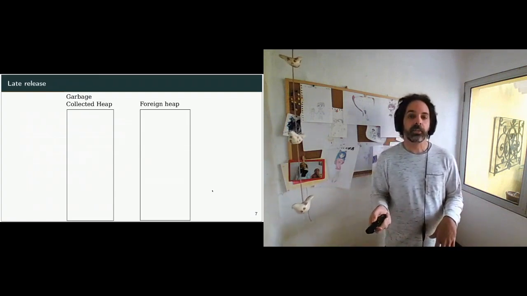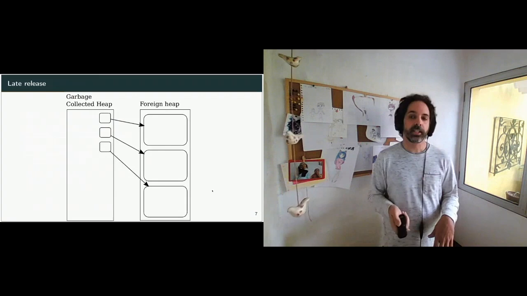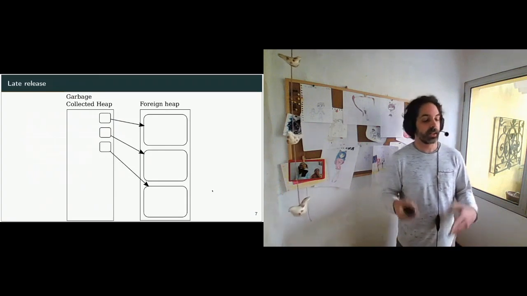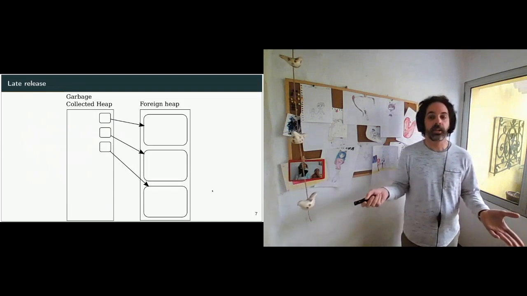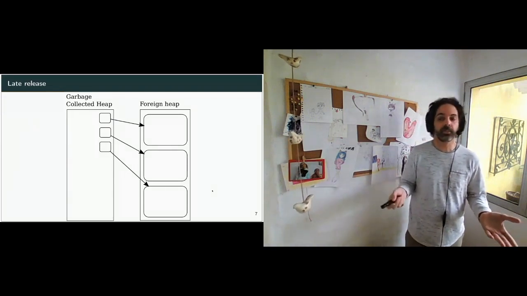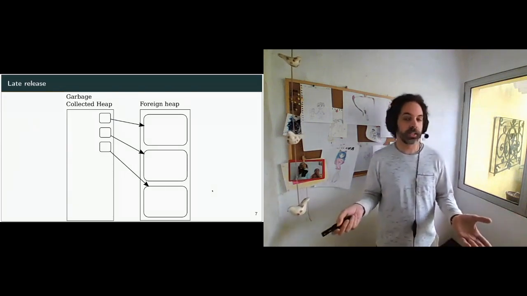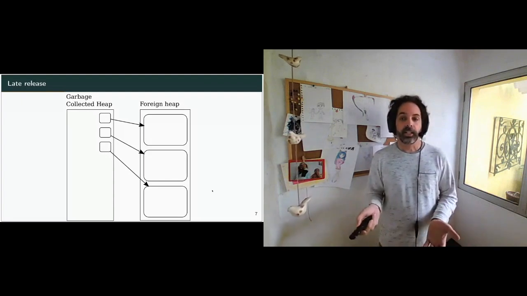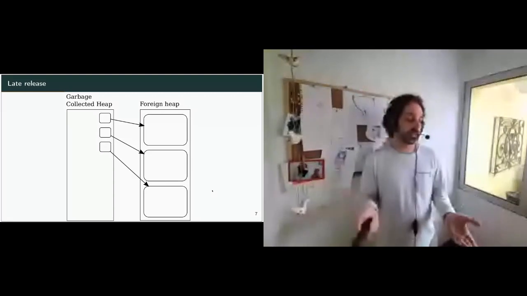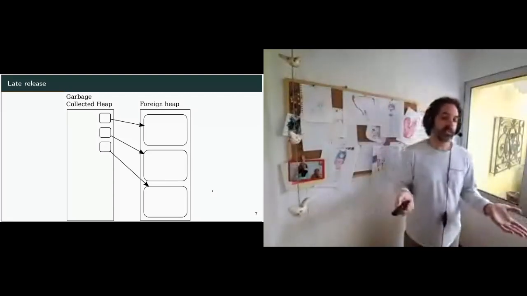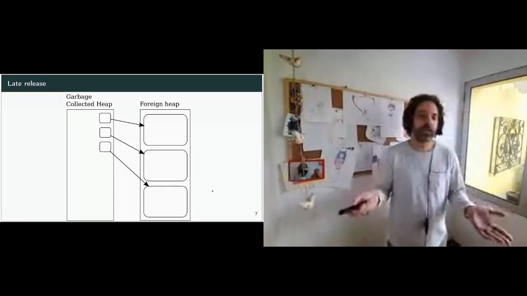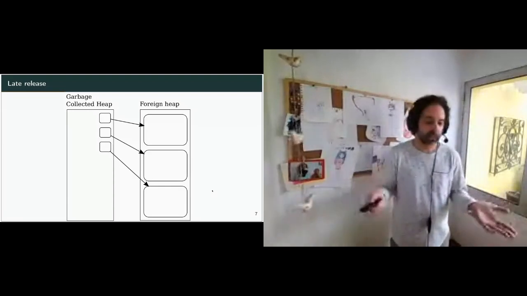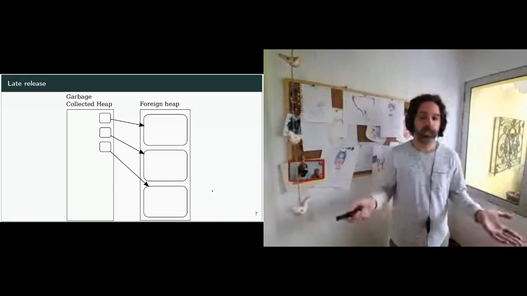And what could happen in this situation is that the memory in the foreign heap gets completely used, and now the system is about to fail if the garbage collector doesn't run soon enough. And this is an intermittent failure because it's undetermined, because whether the garbage collector runs depends on conditions that are determined at runtime.